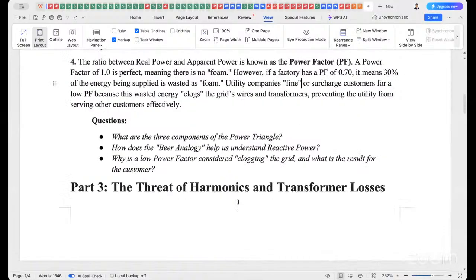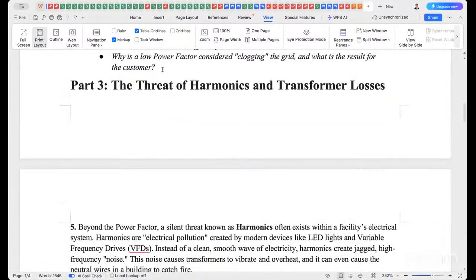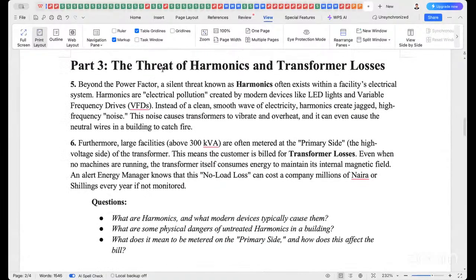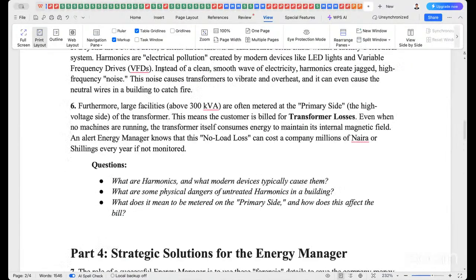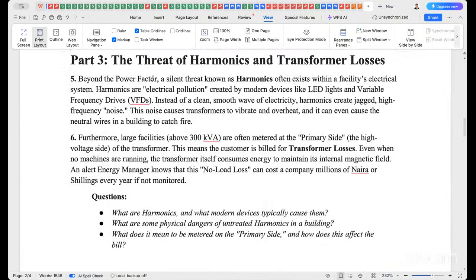Now let's move to the third part. We have about 6 or 7 parts, so let's move to the third part for today. Another thing that affects the energy costs is what we call harmonics.